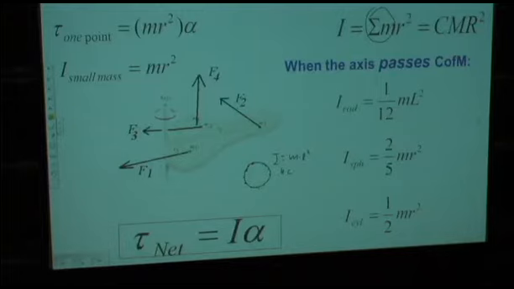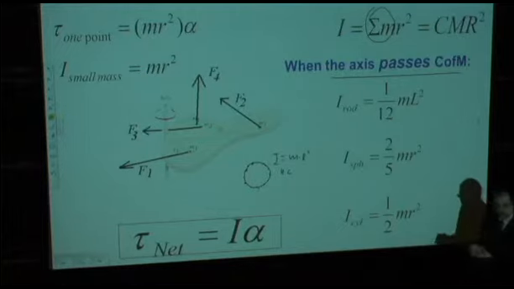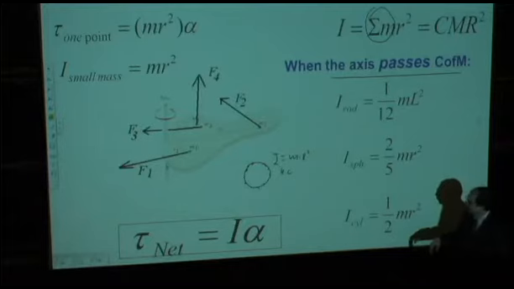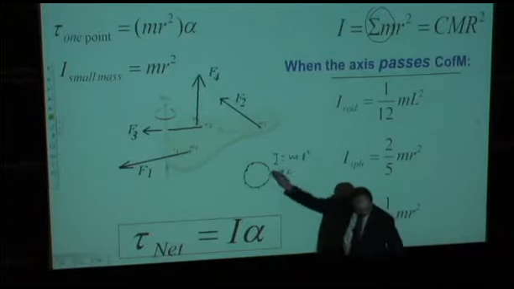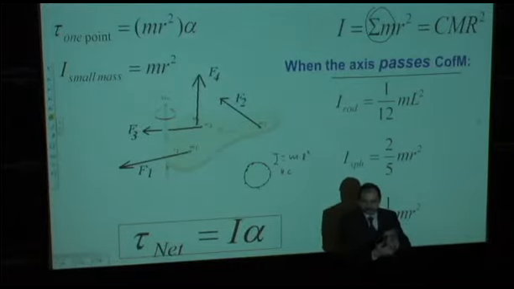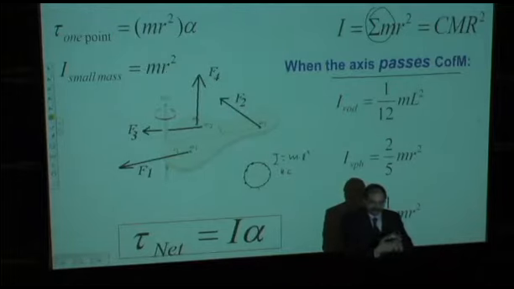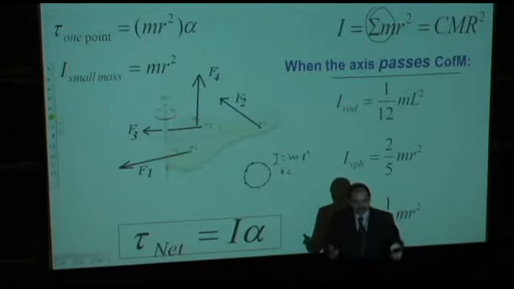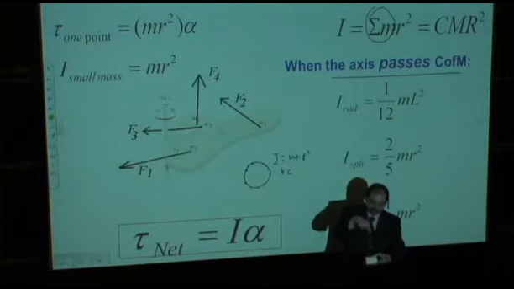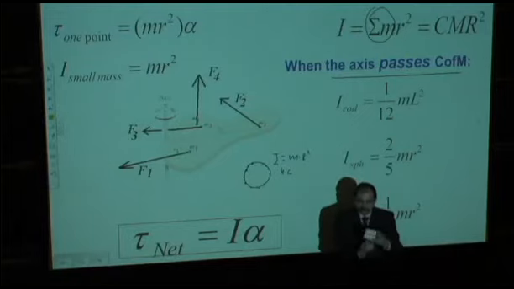Now, remember, all these equations only work when the axis of rotation goes through the center of mass. And for the cylinder, it has to be perpendicular to the face. For the hollow cylinder, it also has to be perpendicular to the circle. In general, we could spin it differently. I can drill 2 holes, and I can spin it like this.